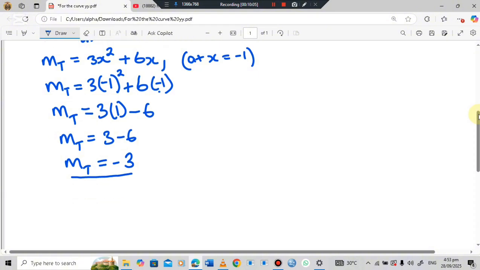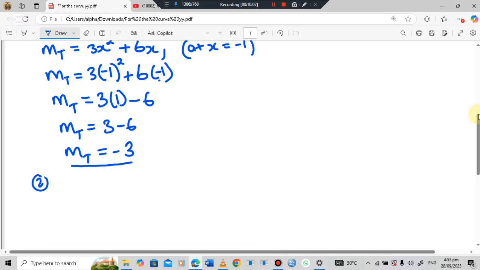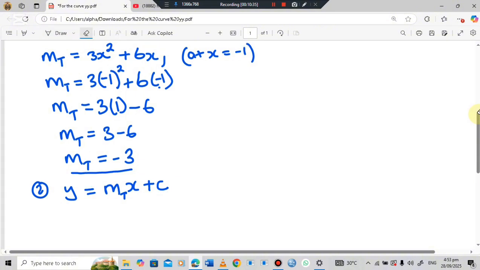Now, the second step is to use the equation y is equal to mt, the gradient of the tangent, times x plus c. We are going to use this equation to find the value of c, the point at which the graph crosses the y-axis, in other words, the y-intercept.